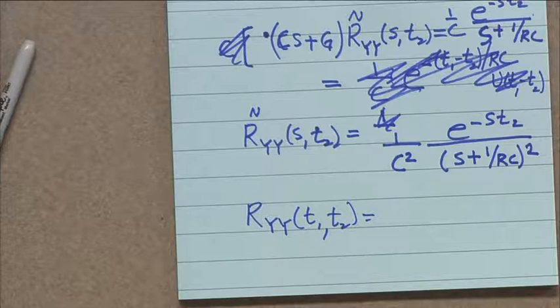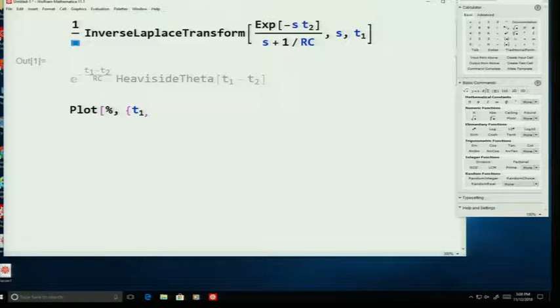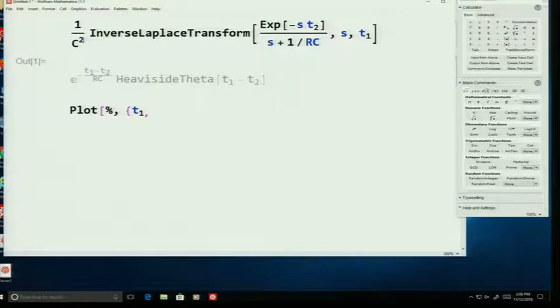So I'm going to put 1 over C squared. That's a capacitance, C squared.